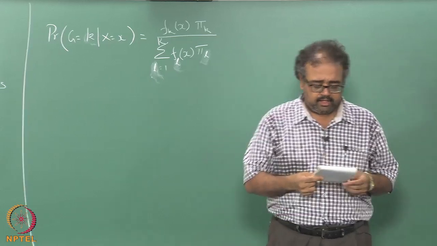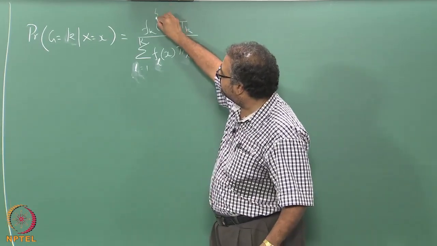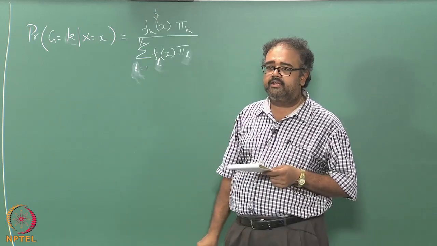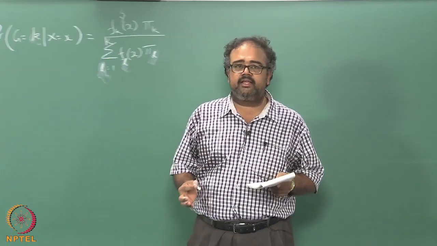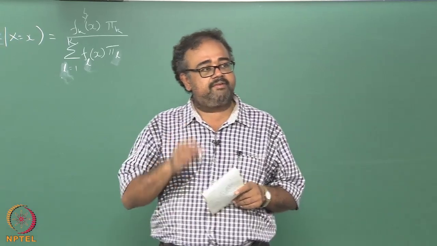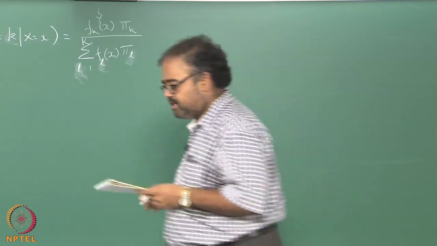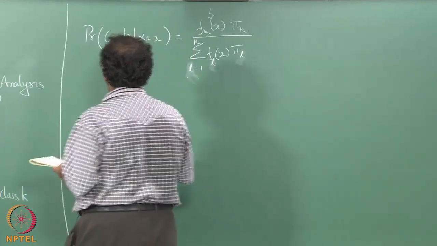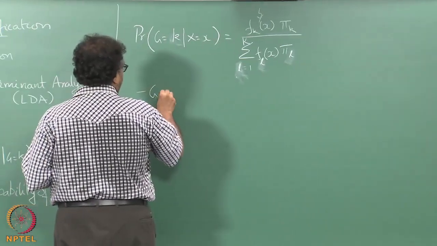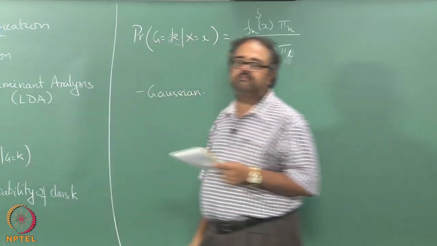Now, depending on the kind of assumptions we make for the form of Fk, we will get different classifiers. Some of the most popular assumptions are that Fk is Gaussian.